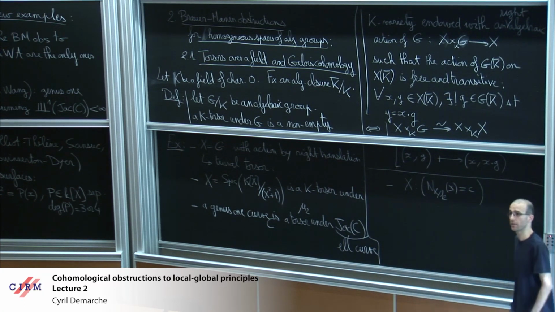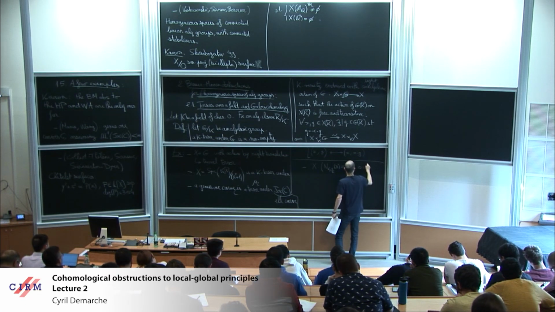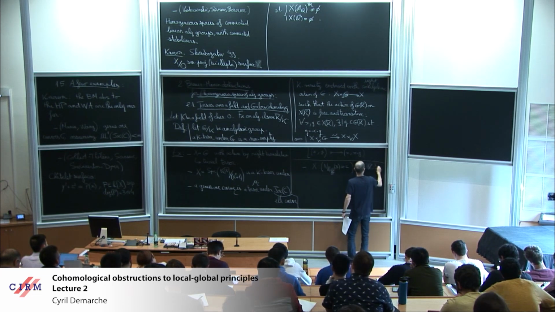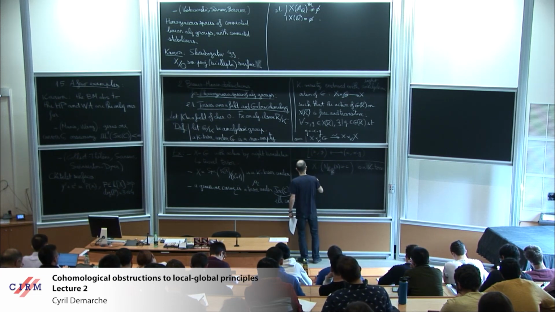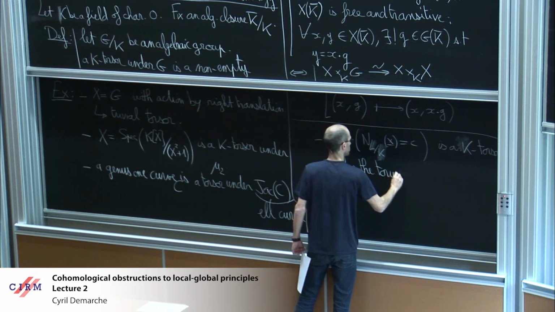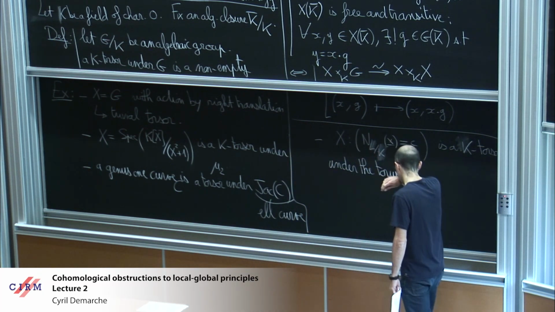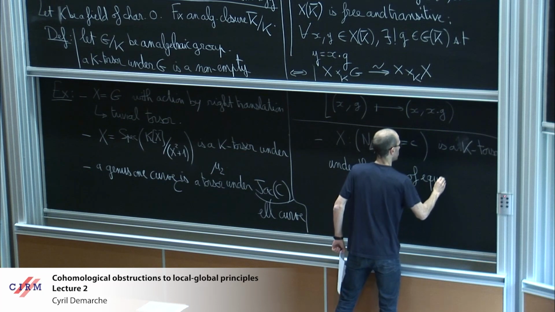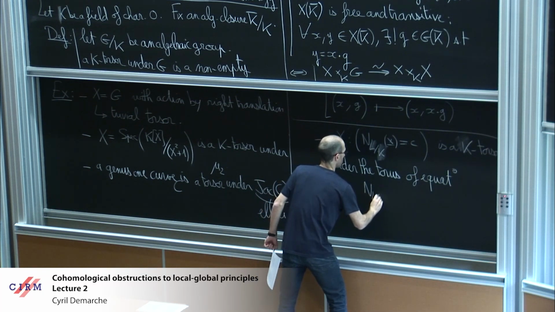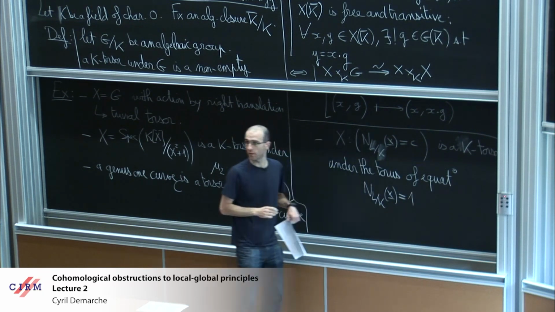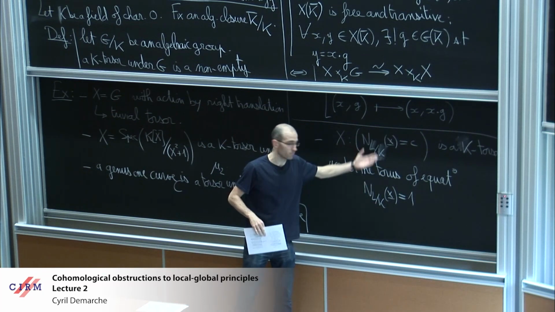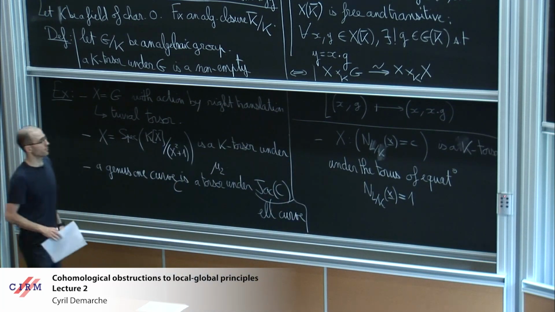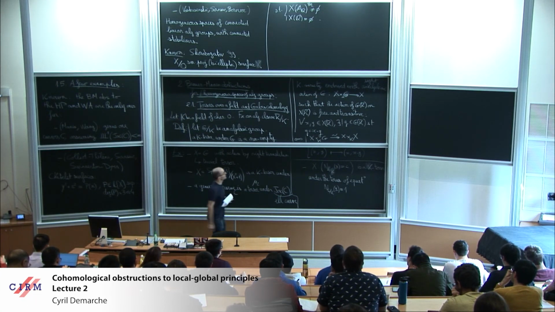Such a variety is a K-torsor under the K-torus of equation norm equals 1, where C is non-zero in capital K. As you can see, once you have a solution, this group acts on this variety in a simply transitive way. So here is a list of examples of torsors.